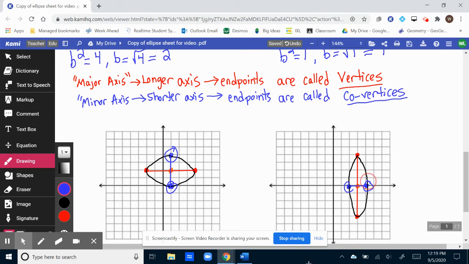Those are important definitions or vocab words that you need to know for this unit. A common question you might get would be, what are the coordinates of the 2 vertices? Or what are the coordinates of the 2 co-vertices? Basically those 4 points, your 2 vertices and 2 co-vertices, are what you connect to make your actual ellipse.